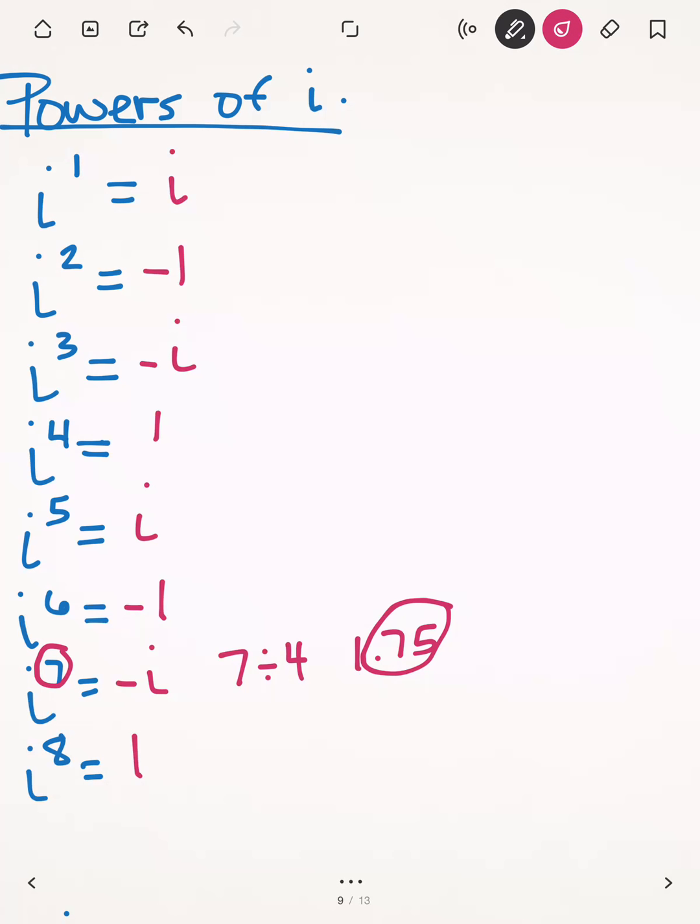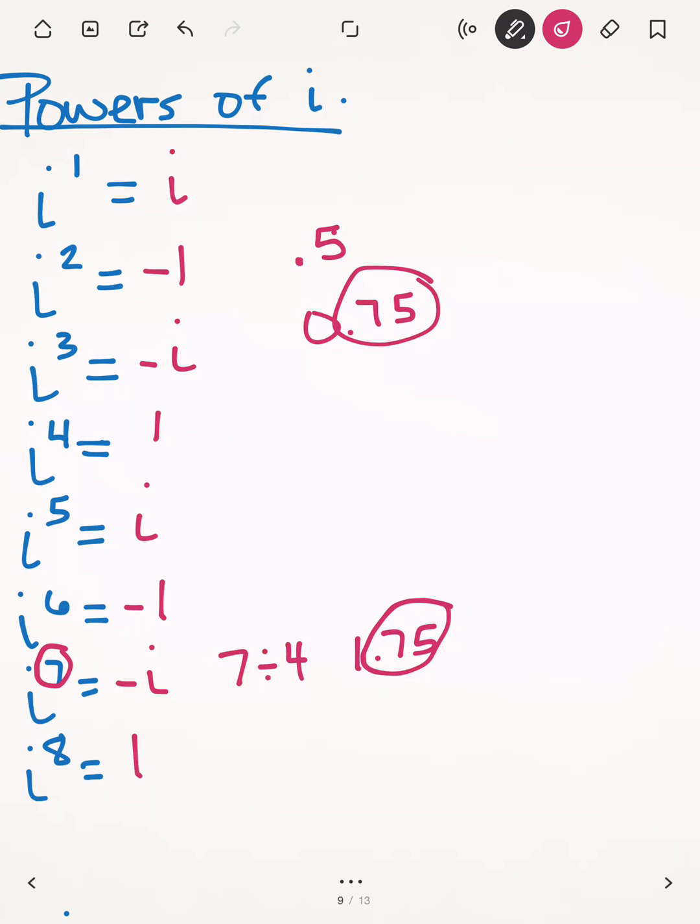If I divide 3 by 4, I also get 0.75. So if my decimal is 0.75, then my answer will be negative i. If I get 0.5 as a decimal, we don't care about the number in front of the decimal, my answer will be negative 1.